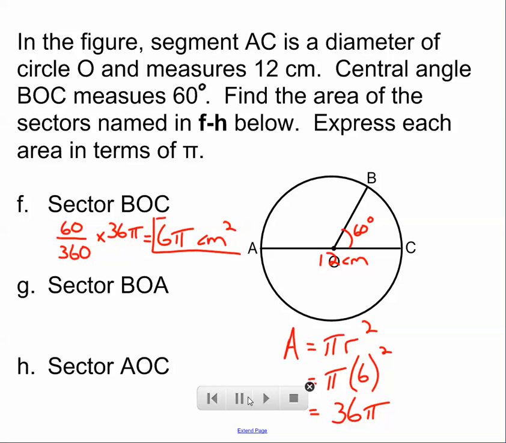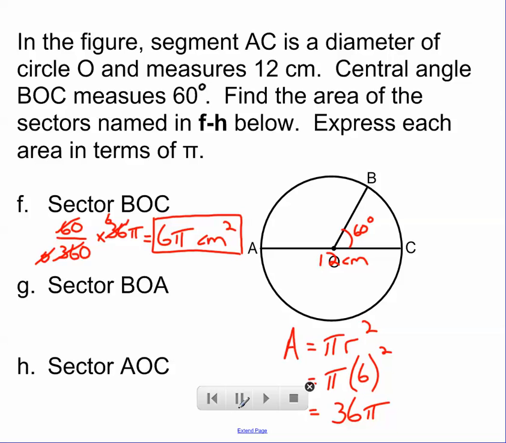Let me show you how I got that without a calculator. It would look like this. Let's see, 60 goes into 360 6 times, and then 6 goes into 36 6 times. So we end up with 6 pi centimeters squared.